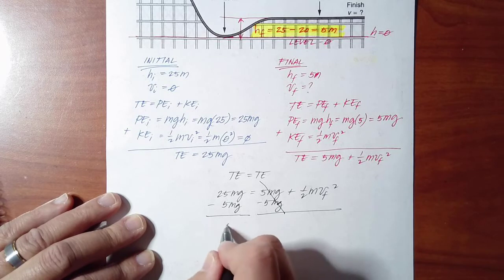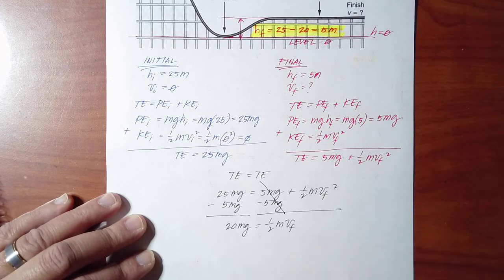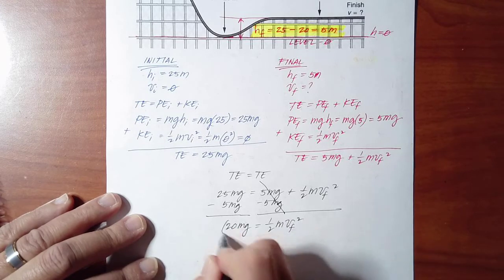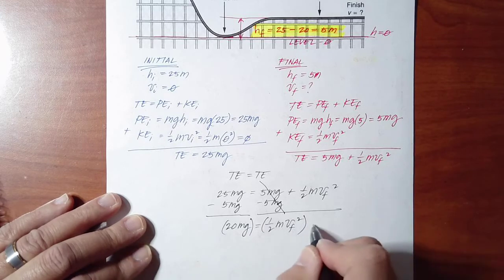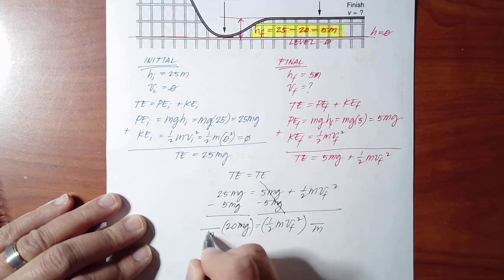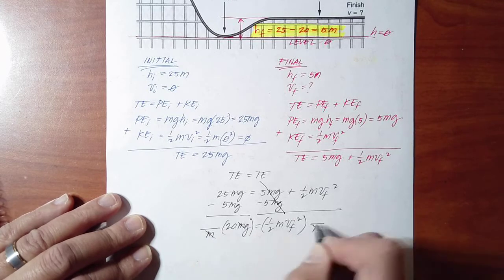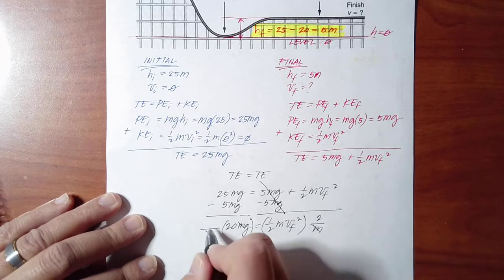So this will give us 20 mg equivalent to 1/2 m vf squared. So we want to get rid of m on both sides of the equation by dividing by m. And at the same time, I want to get rid of the 1/2 on one side to leave our v sub f by itself by multiplying both sides by 2.